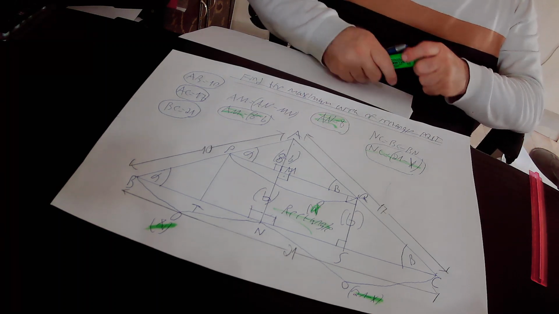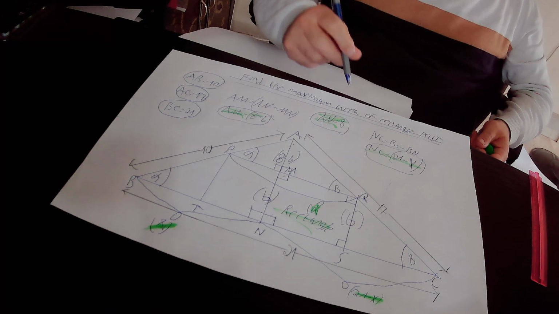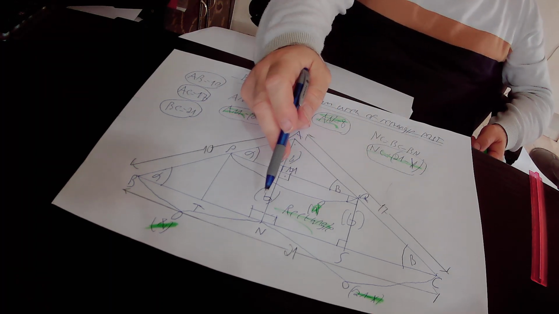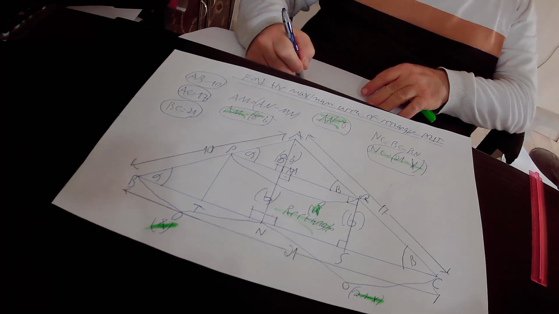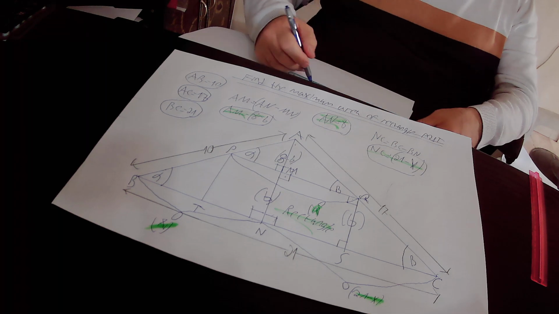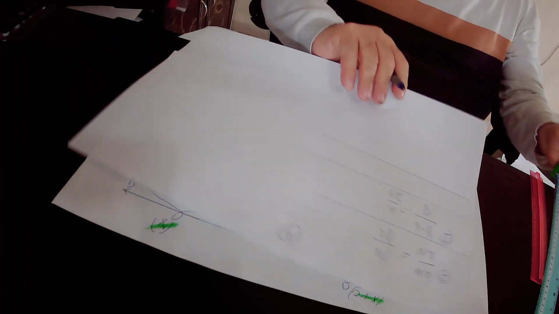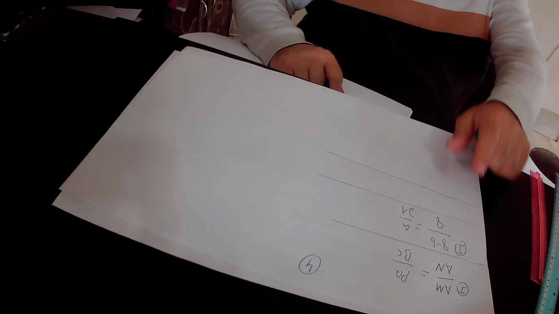So we substitute PQ by A over BC. BC equals 21 units in its length according to what is given in the question. So actually we found out that according to equation 1, 8 minus B over 8 equals A over 21.